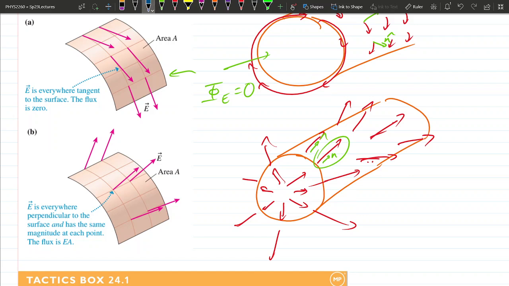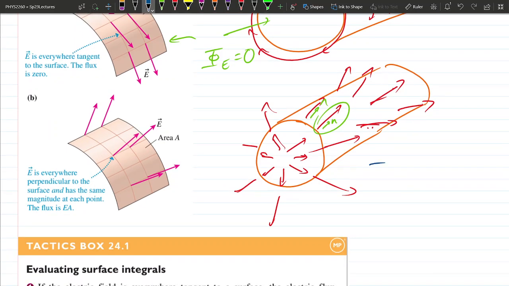Okay, so in this case, it actually comes out very simple because the electric flux, right, it's this fancy integral of E dot dA.